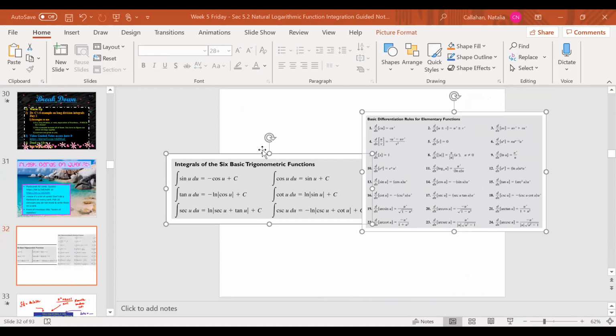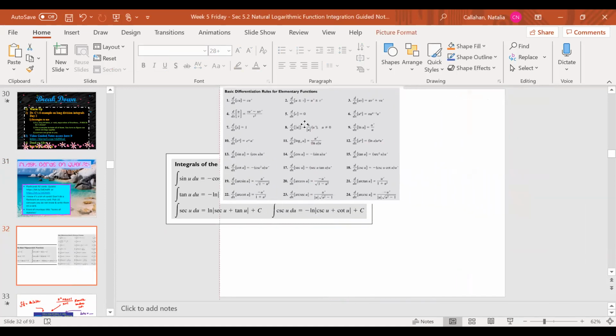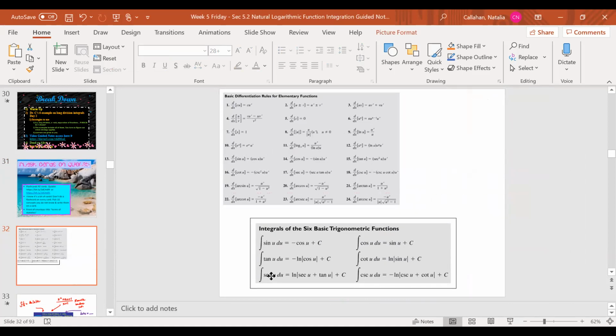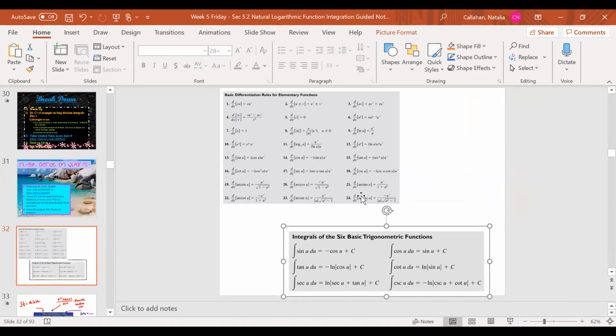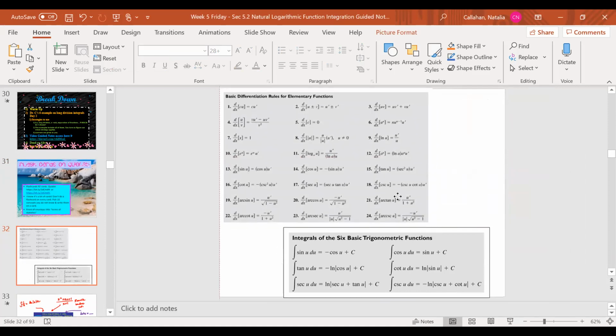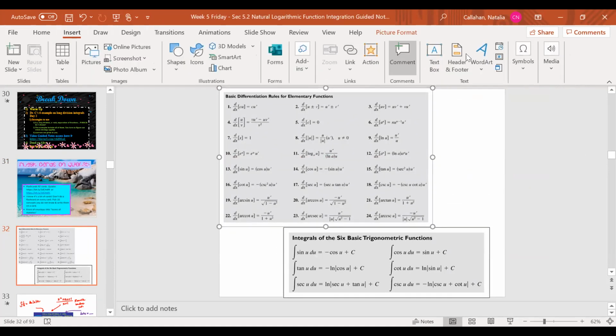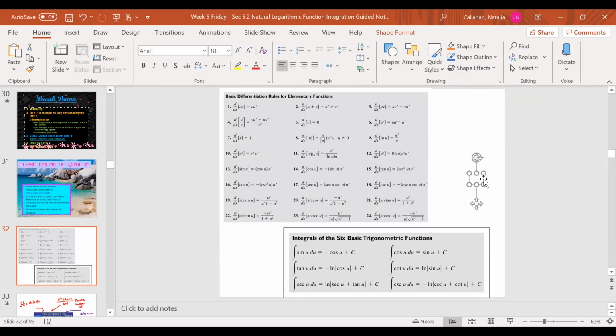Okay, so these are your differentiation ones, and here are your integral ones. And I'm just going to type in this from your week 5 Thursday's notes. Please refer to that section.